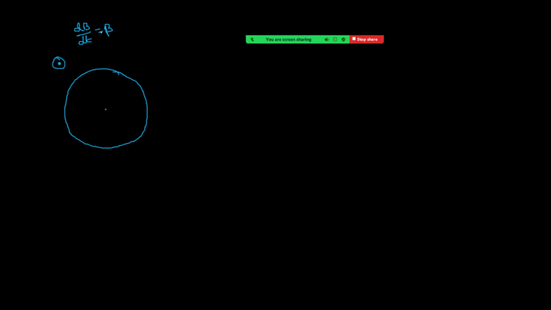And see what is given, is it increasing or decreasing? The strength of the magnetic field is changing at a constant rate beta, right? Next, I think here nothing is mentioned, right? Okay, now see what we can do here.